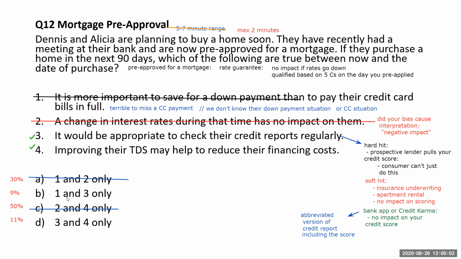So it may have been that they were disqualified from using one lender because of a high TDS, because they were at 34%. So they went to a lender that allowed them to borrow it. Sorry, I apologize, they were at 44%. So they went to a lender that allowed them to borrow at 44%, but they could bring that down to 42%. Okay. I agree with Yashika within the context of that pre-approved mortgage.